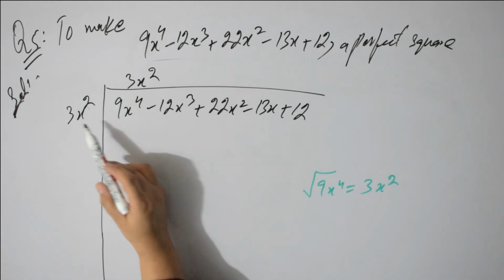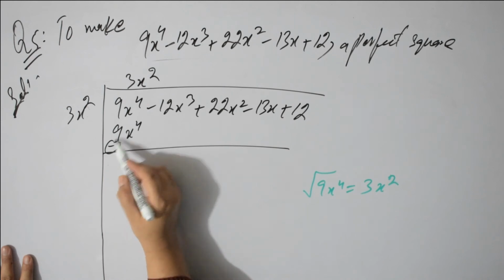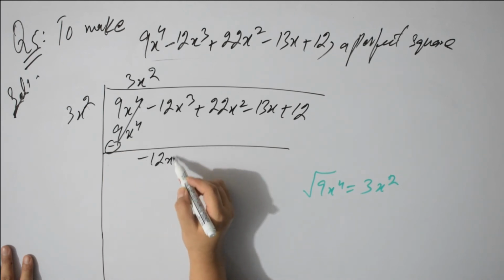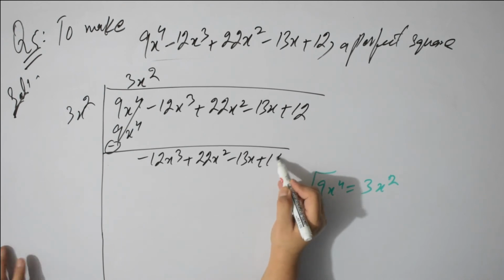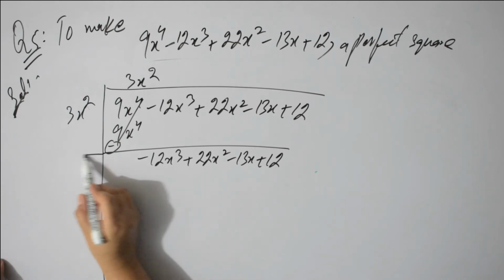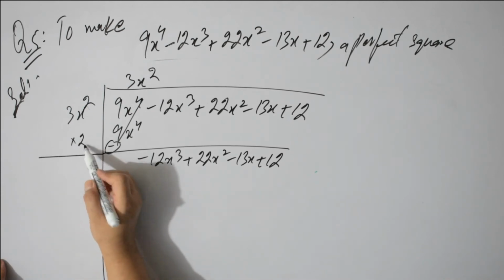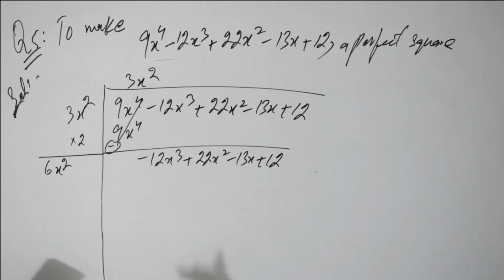Multiply this 3 times 9 x4 space छोड़े minus, it will cancel 22x square minus 13x plus 12. Now you will add or multiply it with 2, so it becomes 2 3s are 6x square. Okay, मैंने direct multiply कर दिया है.